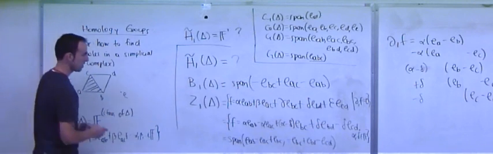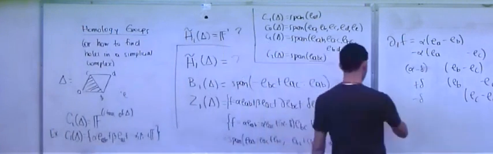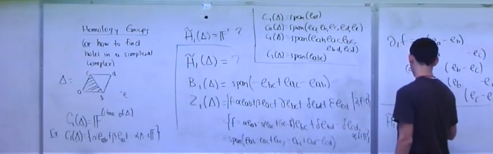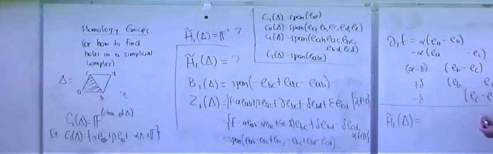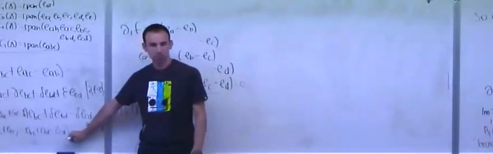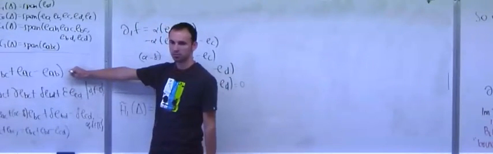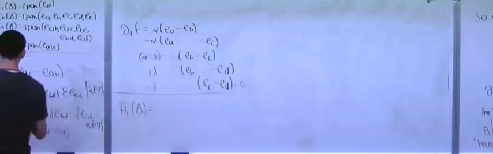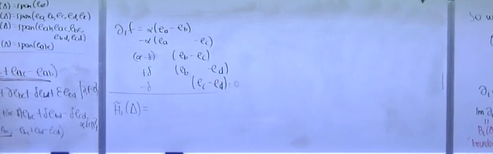So what do I get for my homology? Well, I get this mod this. Right? Now, this guy is exactly this guy with a minus sign.